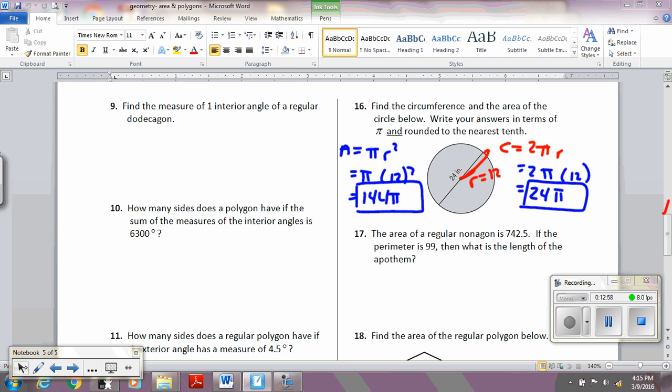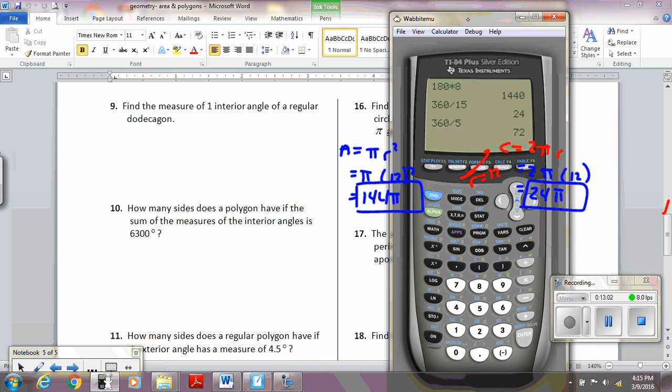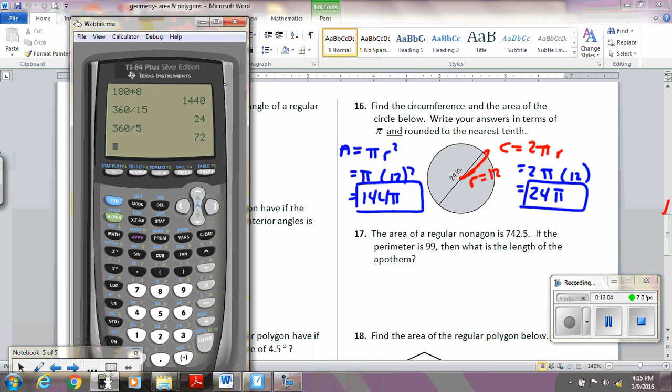Now we would grab the calculator and approximate to the nearest 10 because that's also what they want us to do. So for the circumference, we're going to type 24 pi. And then for the area, it's 144 pi.